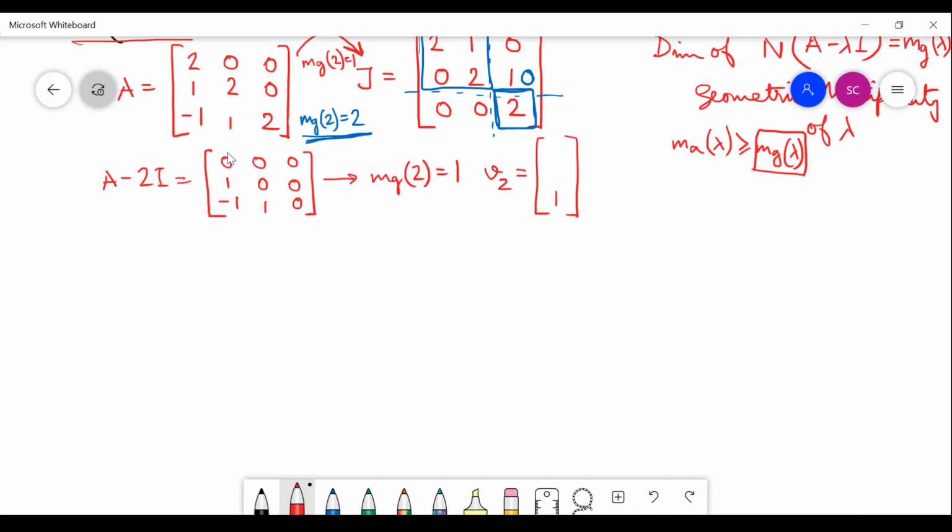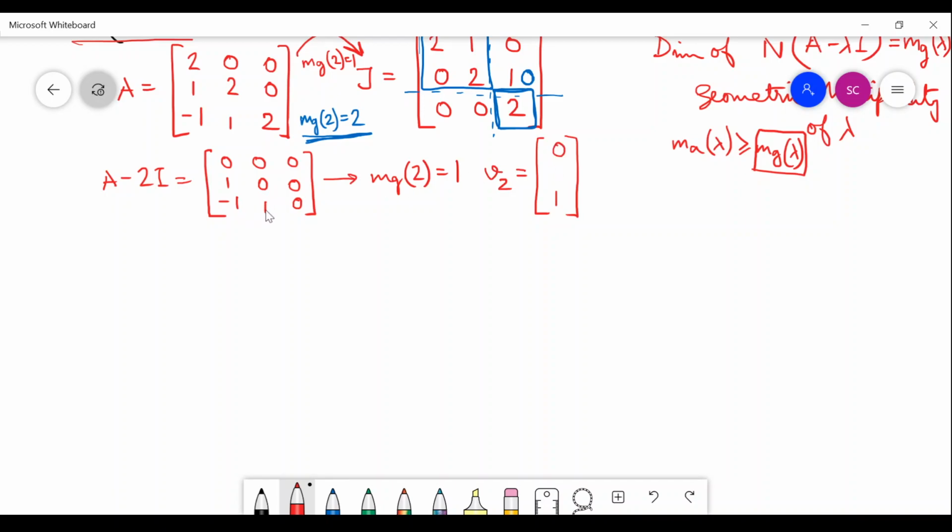What would be your x1? You see x1 is coming here as well as minus here. So x1 has to be 0, because if it is not 0, then some x1 would come in the second coordinate, and that will come in the result also. So x1 has to be 0.